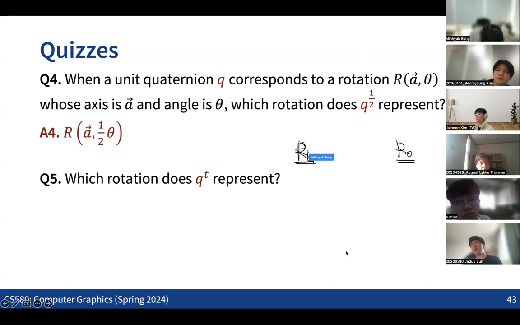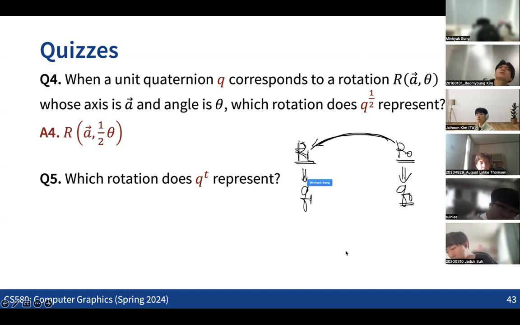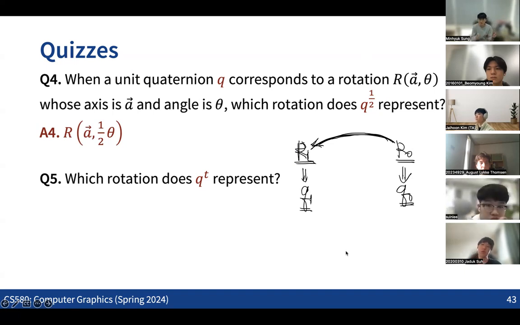We want to interpolate between these two 3D rotations, which have the corresponding quaternions Q0 and Q1, and we want to smoothly interpolate between them. That is very essential when you want to make animations, moving the camera, moving objects, or moving the joints of articulated objects. Then how can you make this interpolation?